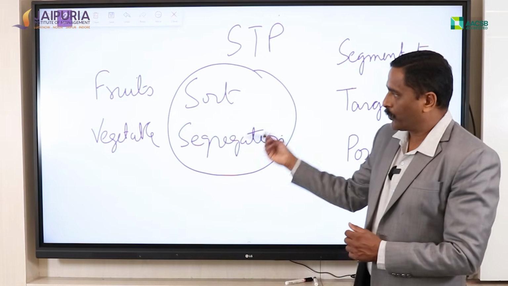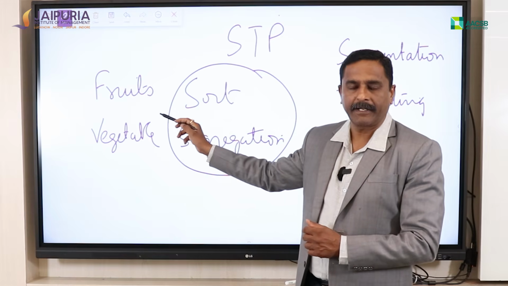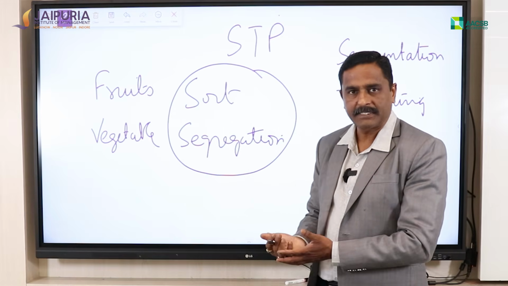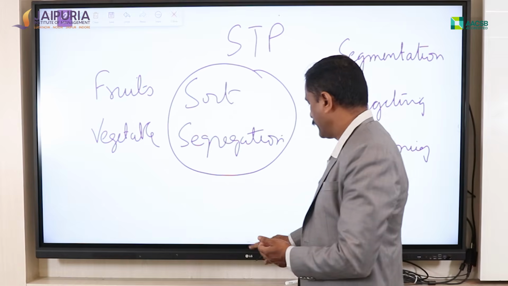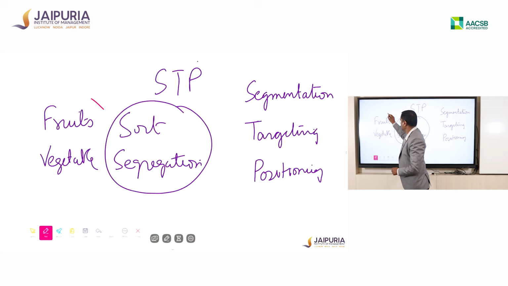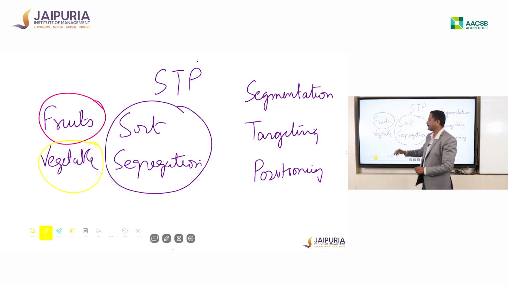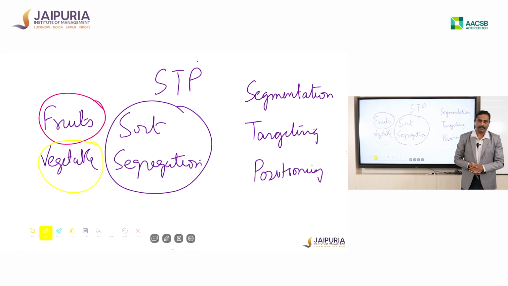Because fruits need a different kind of treatment, vegetables need a different kind of treatment, their purposes are different, and then within the fruits and vegetables, different categories need to be stored differently.